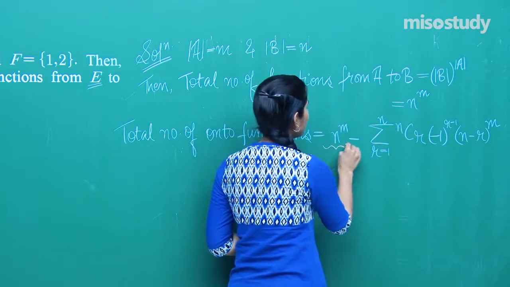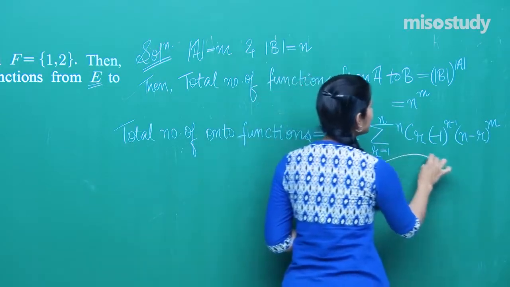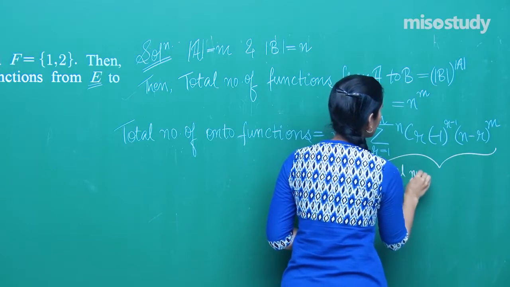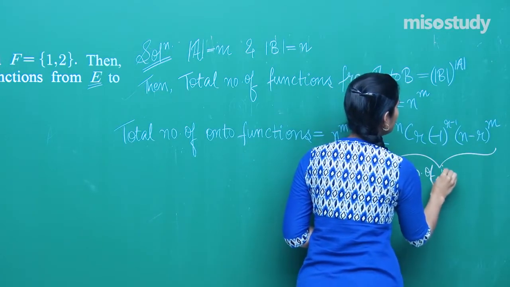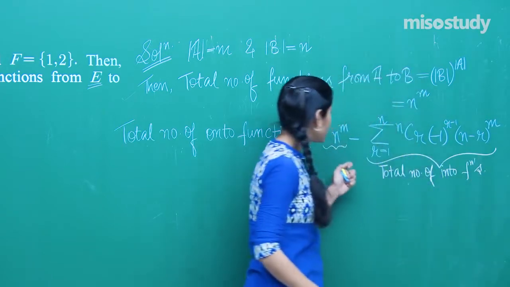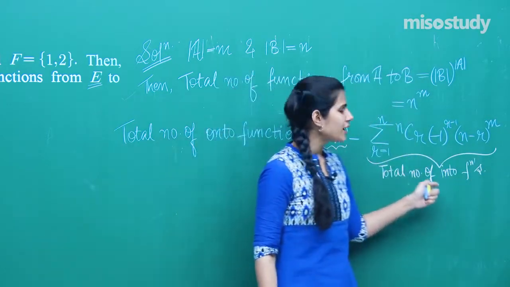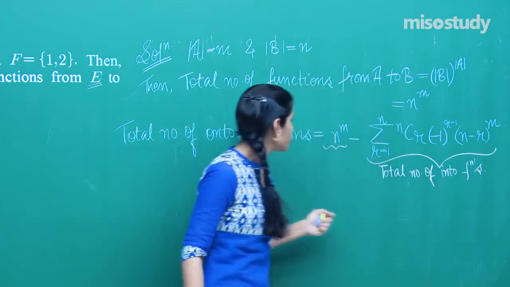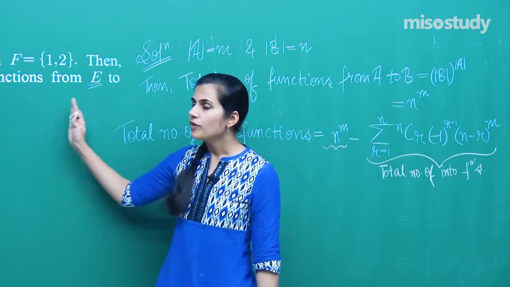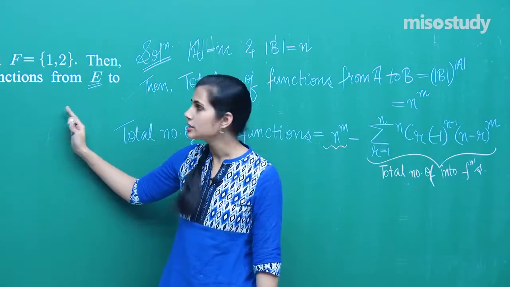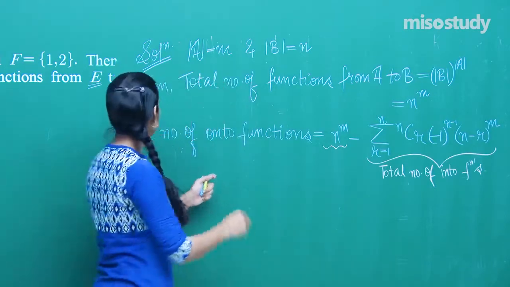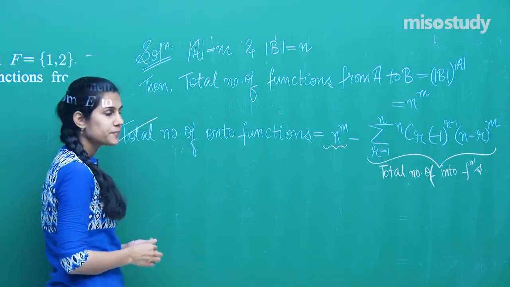This is the total number of functions. This is the total number of into functions. From the total number of functions, when you subtract the number of into functions, you get the number of onto functions. Right now, I have to find the number of onto functions from E to F. So, let's apply this particular formula.